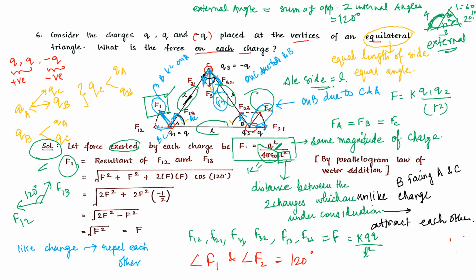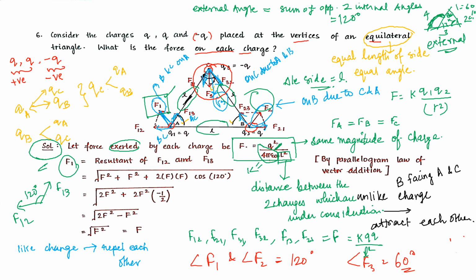But when we go for our C option, angle for F3, it is 60 degrees only, because we are dealing with an internal angle here. Fine, let's come back to the solution.